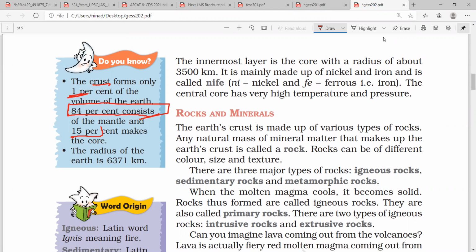And the core consists of 15%. So if they ask volume wise, what is it? Mantle comes first, then comes core, then comes crust. This is the volume wise decrease.